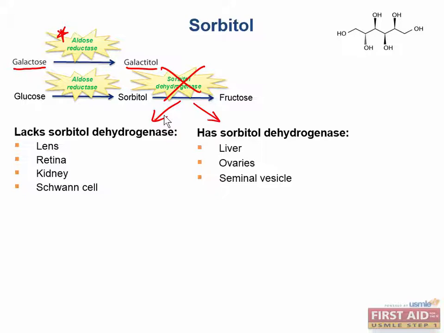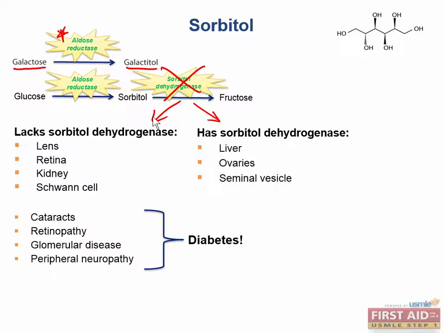In states of persistent hyperglycemia, such as diabetes, high sorbitol levels can cause damage to the lens, the retina, the kidneys, and the Schwann cells, since all of these have only aldose reductase present and not the sorbitol dehydrogenase that would get rid of this sorbitol within the cell. This can cause cataracts, retinopathy, glomerular disease, and peripheral neuropathy, all of which are found in the disease diabetes.